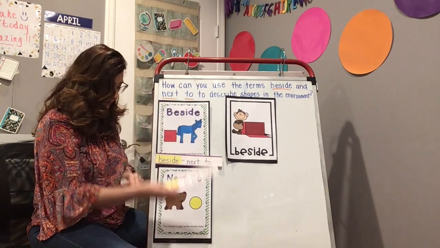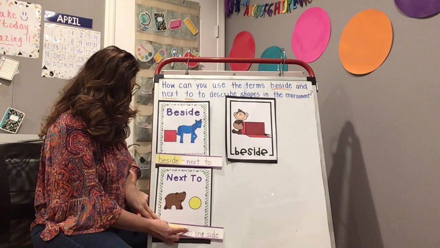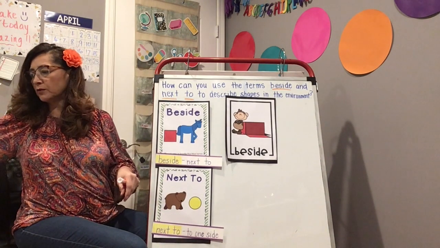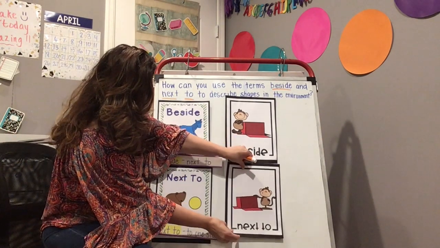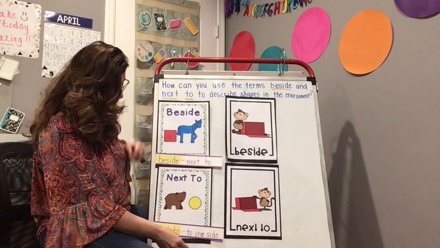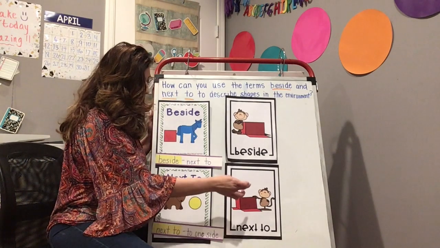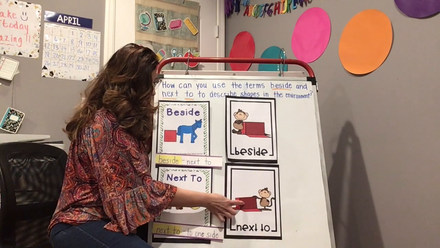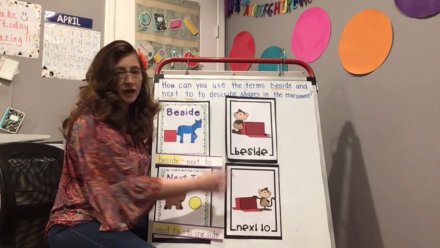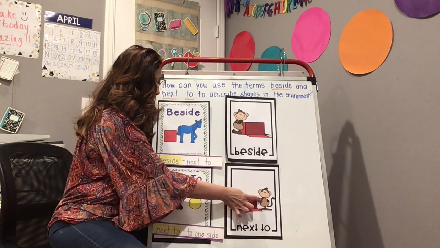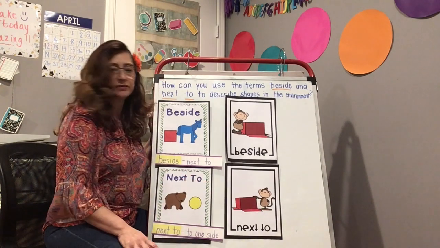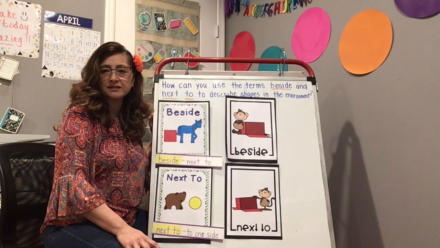Okay? Now let's take a look at one more picture here. This one, the monkey. Again, we could say the monkey is next to the red box. Or we can say the red box is next to the monkey. Okay? Very good, boys and girls.